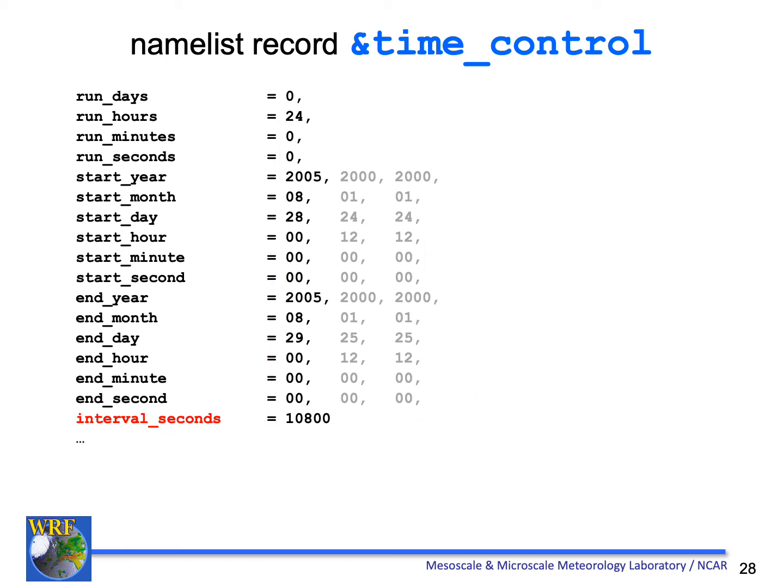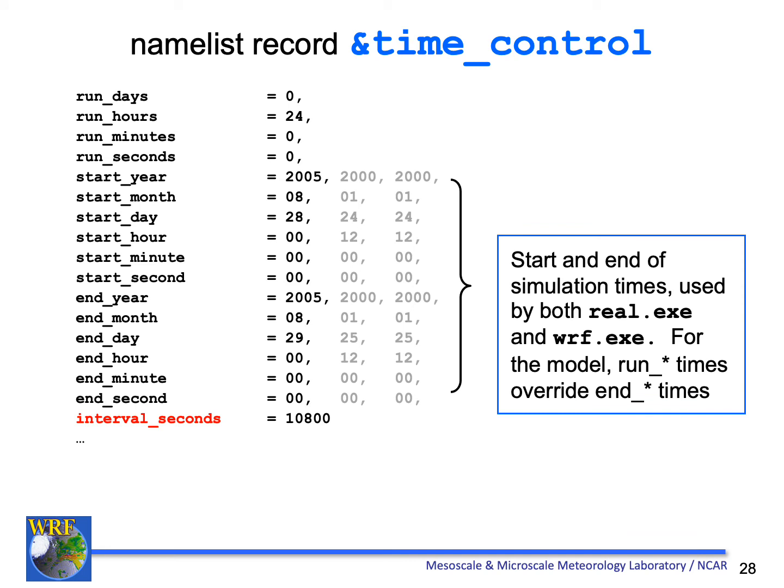This group of namelist options sets the model start and end times, the input data interval, and the model simulation time. The start and end times are used by program real.exe to create initial and boundary condition files.